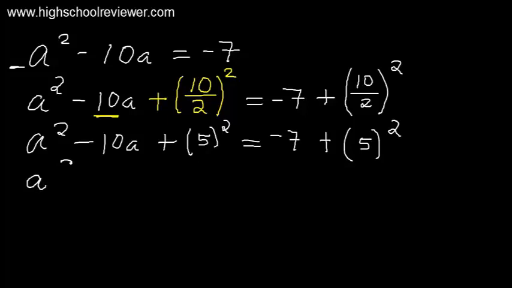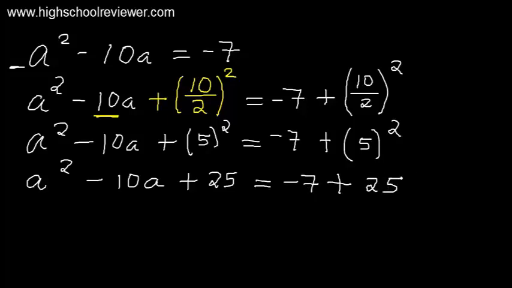We will have here a squared minus 10a plus 5 raised to the power of 2 is 25, and this will be negative 7 plus 5 raised to the power of 2 is 25. a squared minus 10a plus 25 is a perfect square.